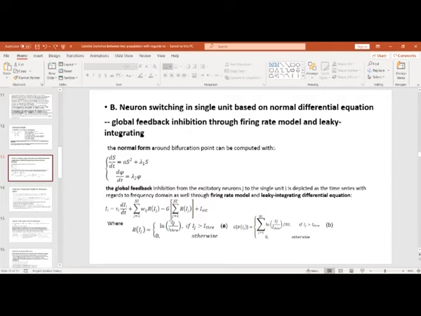This is the one in one single unit. Then it is either, for example, in the neural network task, with the firing rate model and the leaky integrate-and-fire differential.